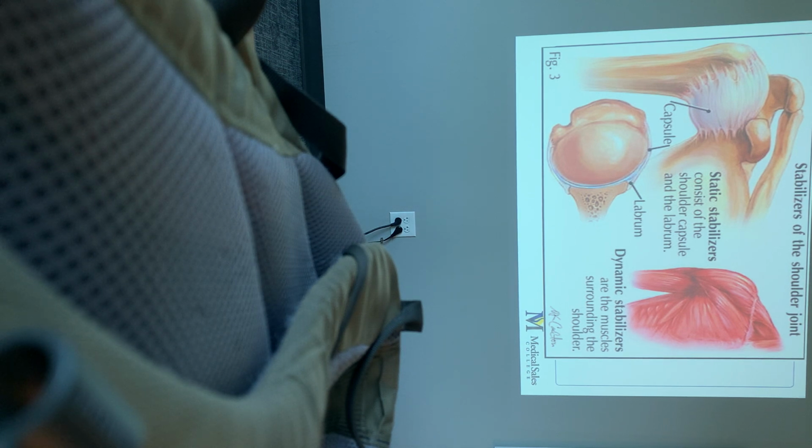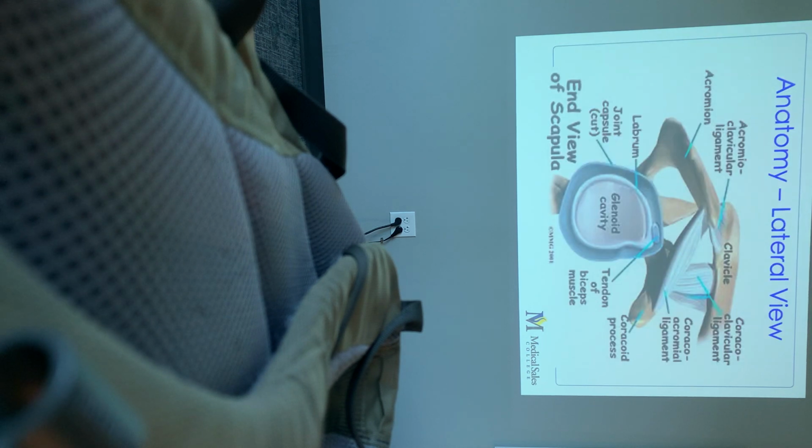So by having your shoulder here, you're being stabilized by your ligaments, your glenohumeral ligaments that form your capsule. If you're stabilizing your arm out here, it's musculature, right? But both of them are very important to stabilize the limb.